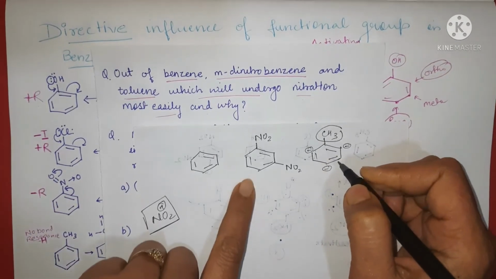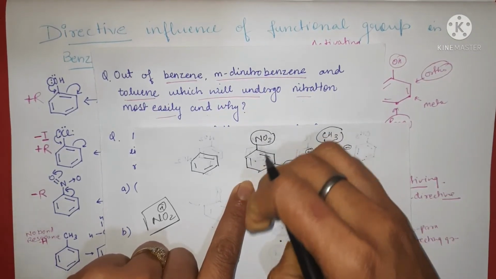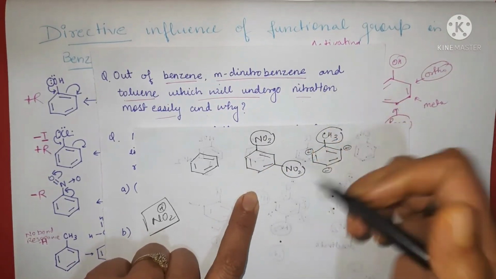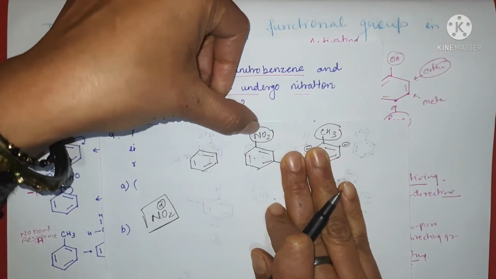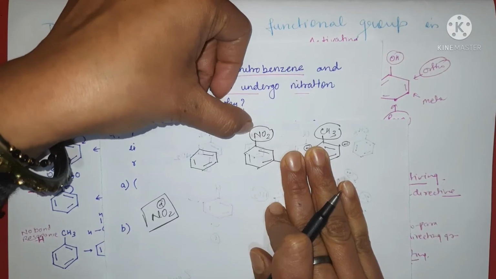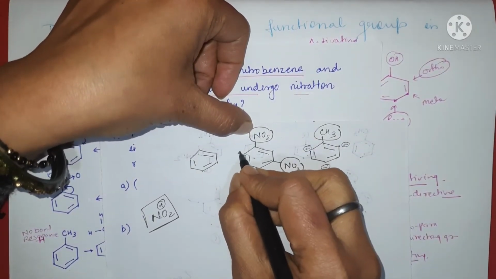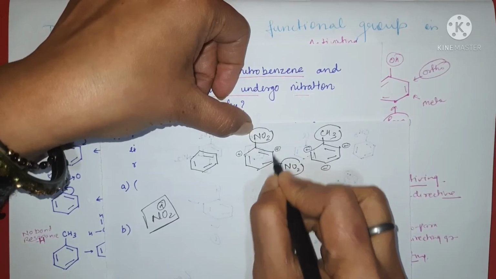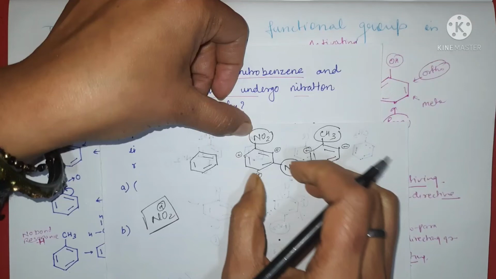But the nitro group is a deactivating group. It will withdraw the electron density. So first of all, let's see this nitro group. It will decrease the electron density from its ortho position and para position. It will create the positive density here.